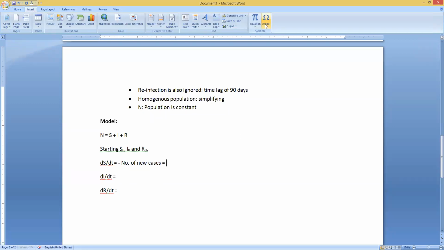It is equal to beta I into S. In fact, it is better if you write it like this. How do we get this? What is beta I? And why do you multiply this by S?